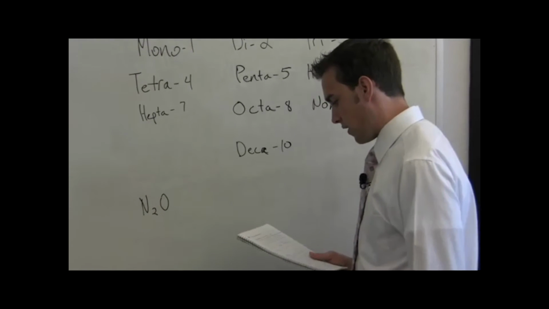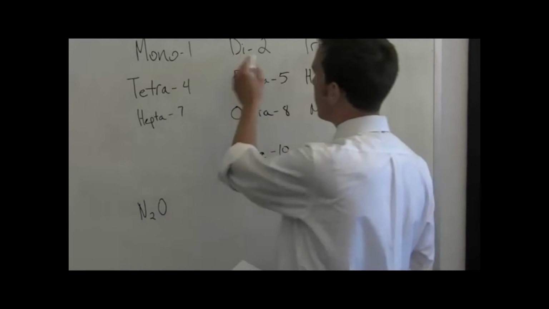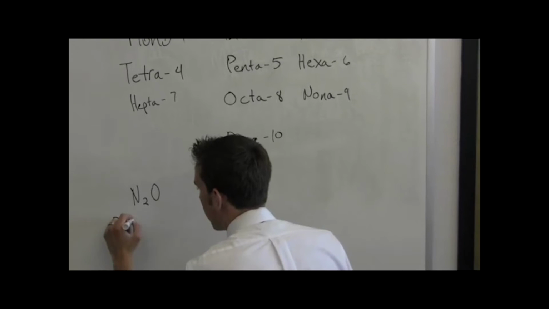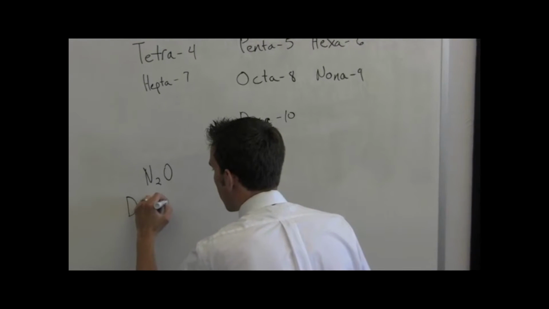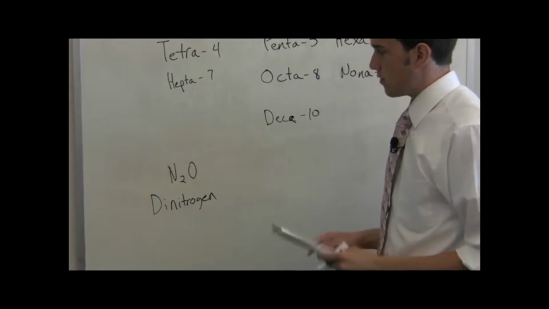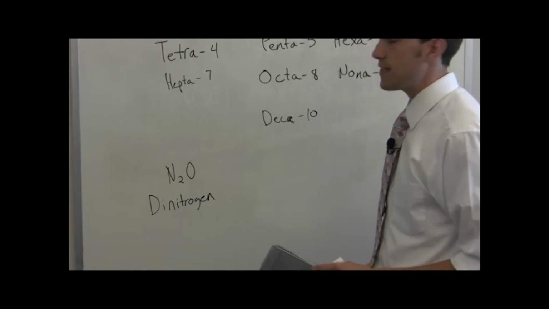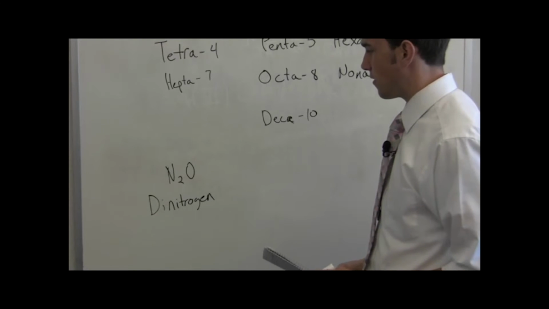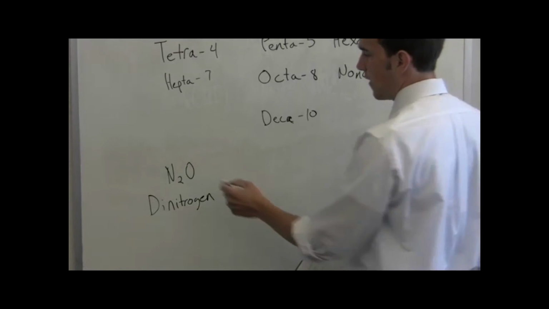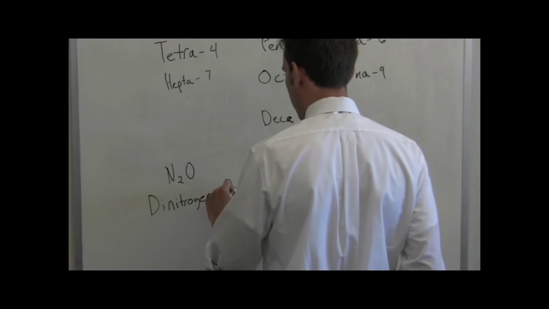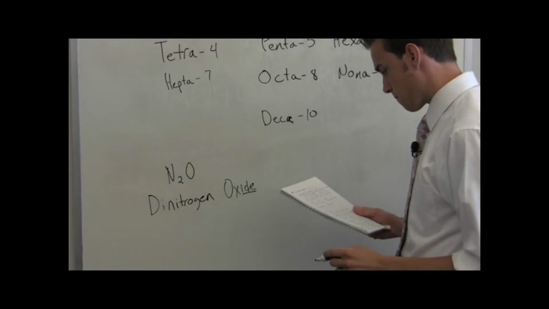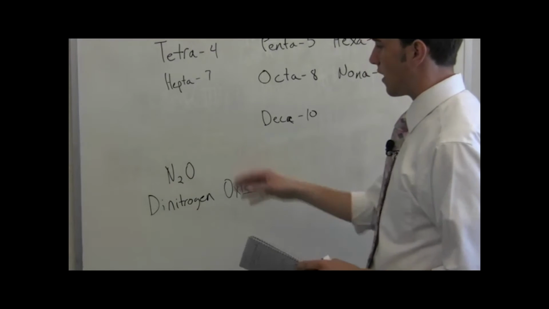What we'll do is signify the 2 with our 2 prefix, dinitrogen, and then we'll actually name the second nonmetal the same way that we've named the nonmetals in type 1 and type 2 ionic compounds. And so this will be oxide. So altogether we have dinitrogen oxide.